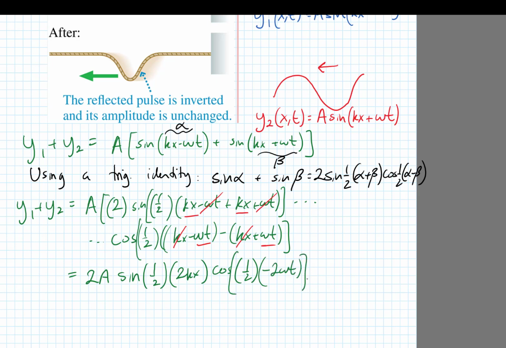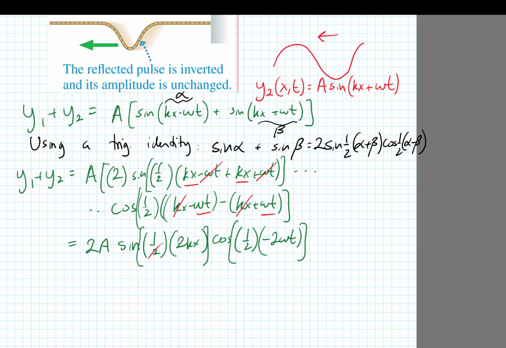So this is the cosine term, and here's the sine term. And we can see the half and the 2's in both of these cases cancel, and what we have is the sum of the two waves is equal to 2 times the amplitude, sine of kx, times cosine of omega t.